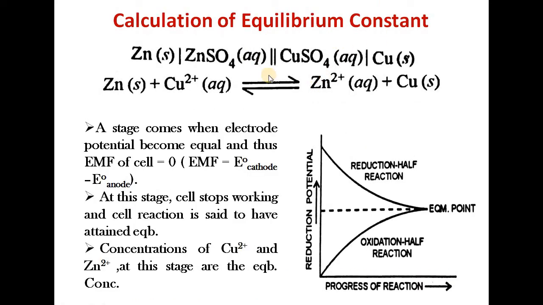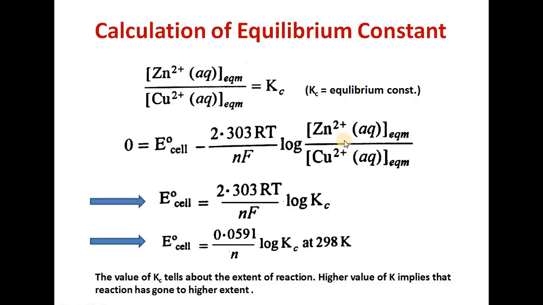As we have zinc 2 plus in the products and copper 2 plus in the reactants, we have log of zinc 2 plus divided by copper 2 plus, and the concentrations at the equilibrium stage, when the EMF of the cell is becoming 0. So these concentrations are the equilibrium concentrations.